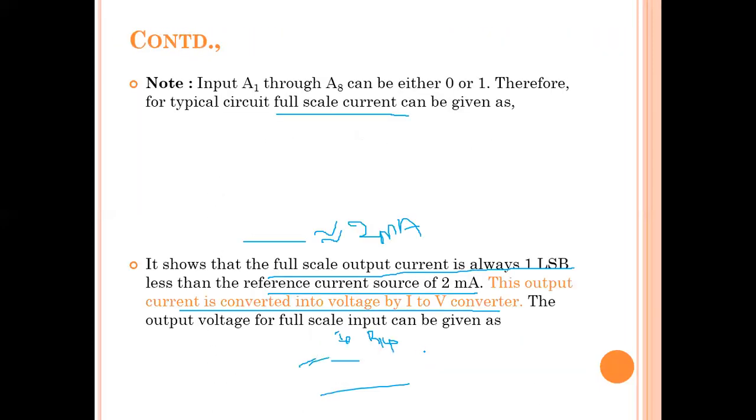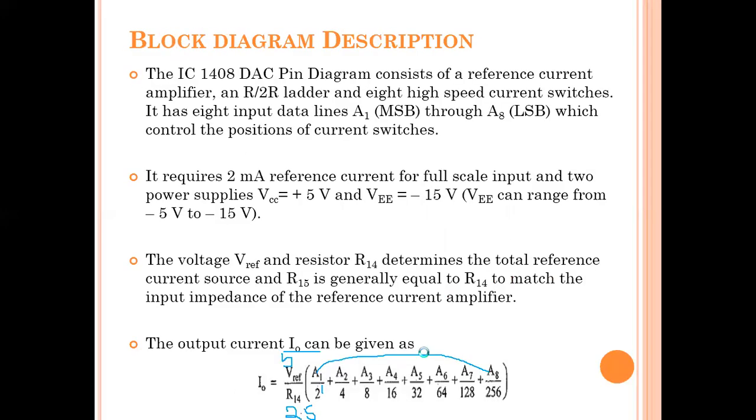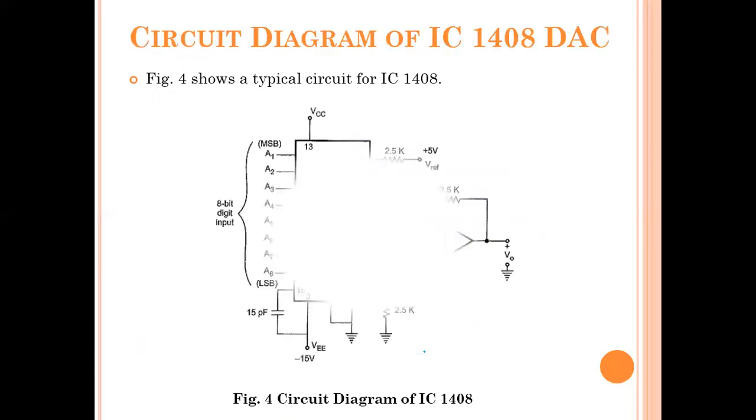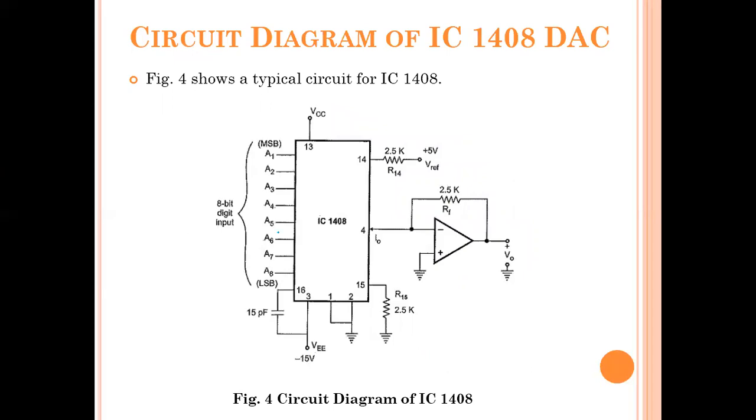Here we have seen the circuit diagram connected for IC 1408, a simple R2R D2A converter whose output is in terms of currents. So this has to be converted into voltage.